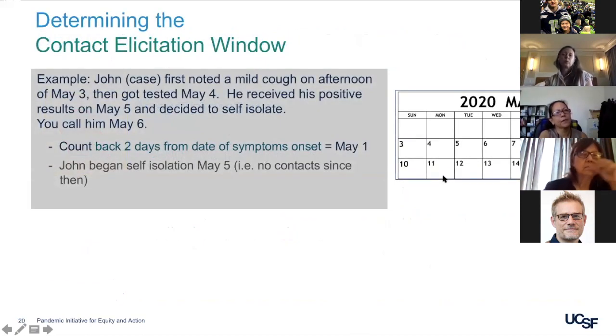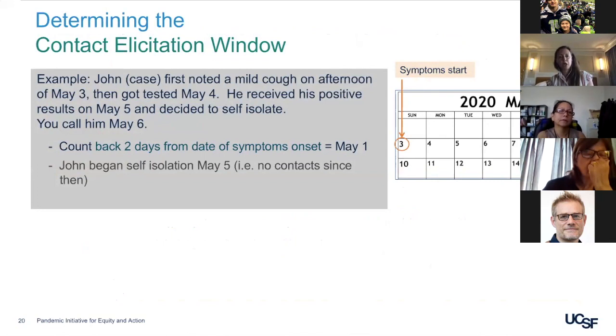To keep it simple, let's go through an example of John. You have him on the phone, and he noted a mild cough on the afternoon of May 3rd. Your calendar is going to be a good tool when you're doing interviews. It's good to have one on hand to help you look at the dates.